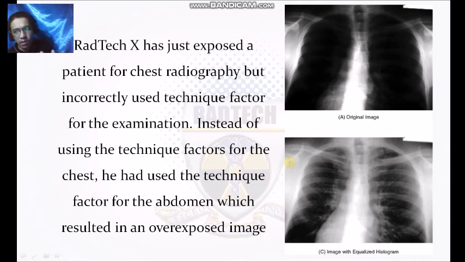A very big problem when it comes to screen film, but when it comes to computed and digital radiography, since there is an automatic scaling system and we can adjust the contrast and density of the image, it can be easily corrected.